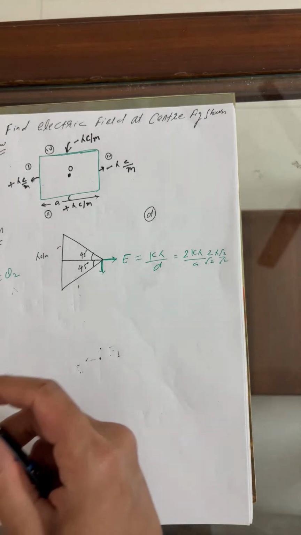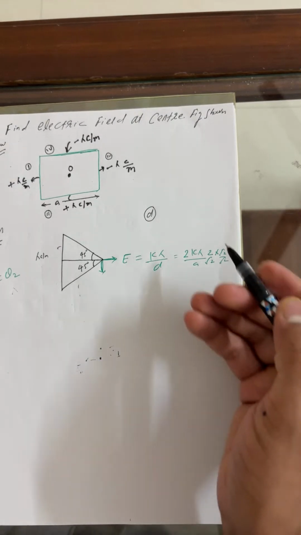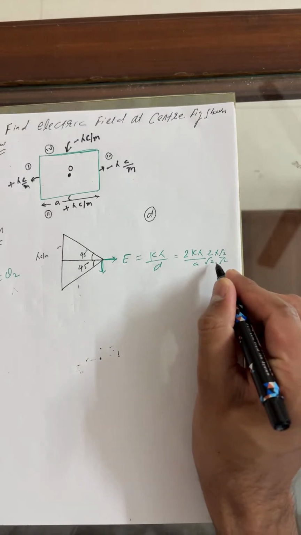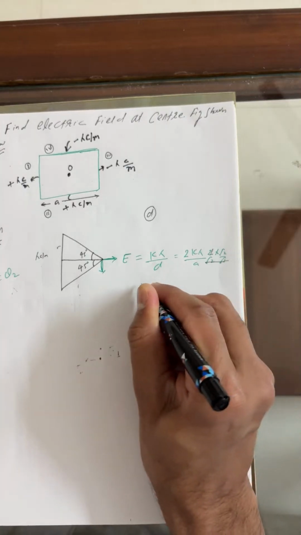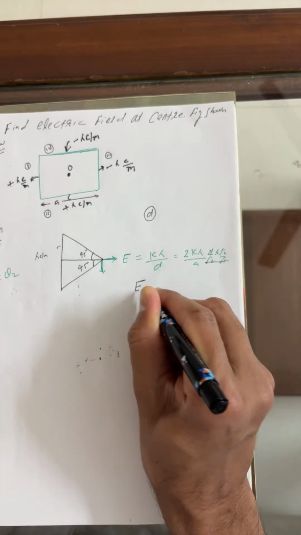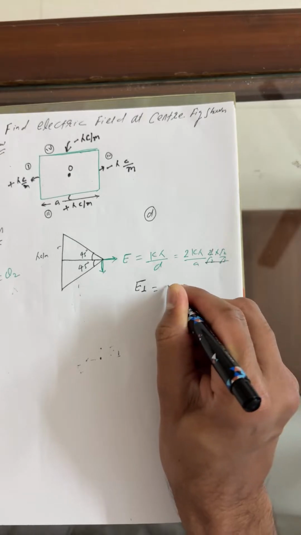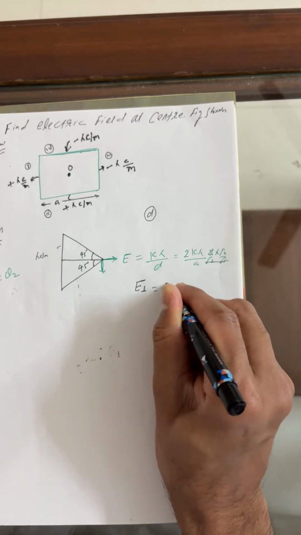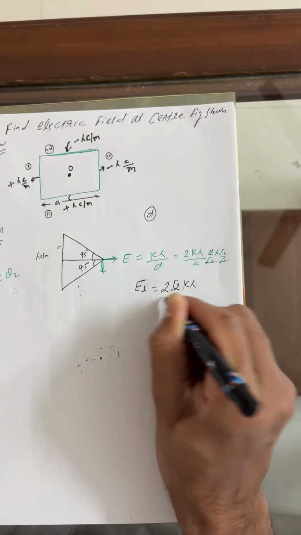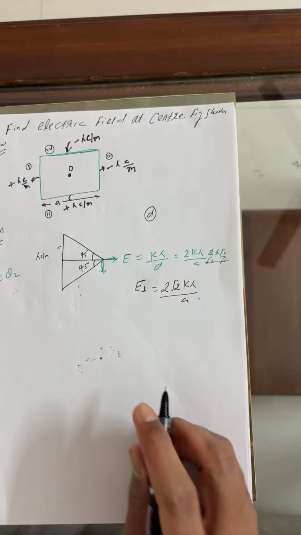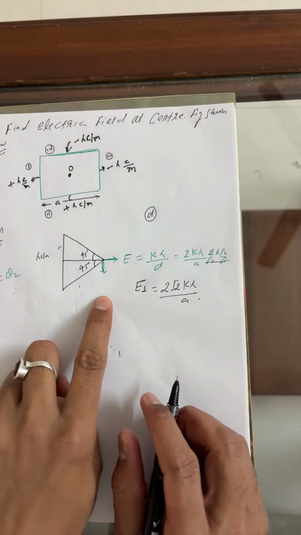Now it's correct. I'm calculating, my dear. These two finish, so you can see E perpendicular is 2 root 2 k lambda by a. Correct? E parallel is 0.